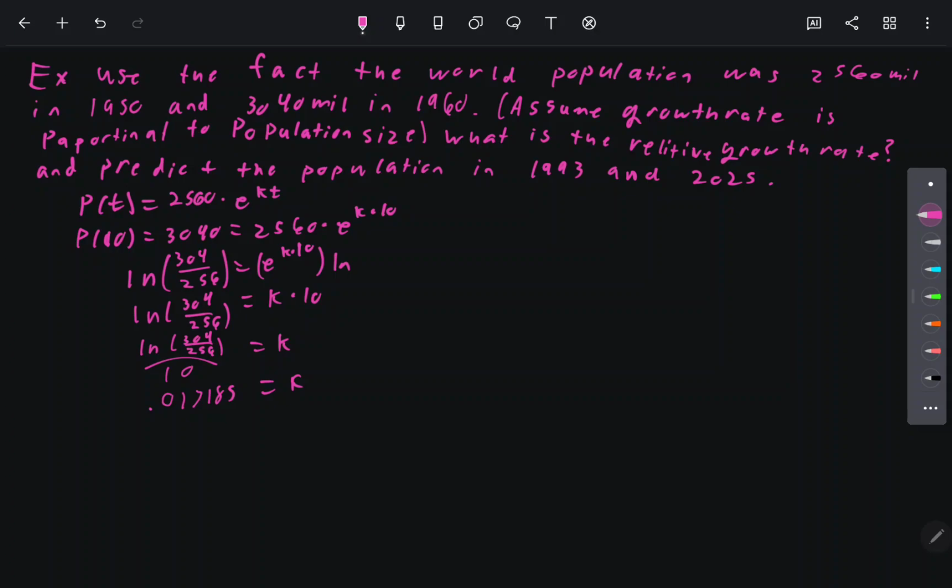Alright, so now what do we do once we found this constant? Well, we can now find our original formula. And this is more of like an Algebra 2 topic, I'd like to say. It's not really calculus. The only calculus part of this is, instead of telling us it's an exponential growth rate, it's telling us its growth rate is proportional to its population size.